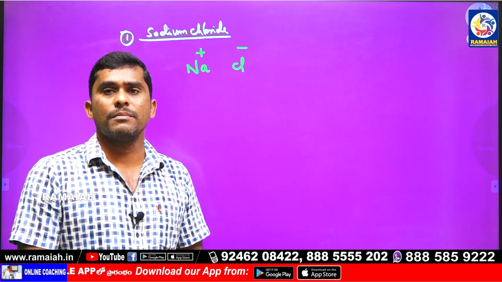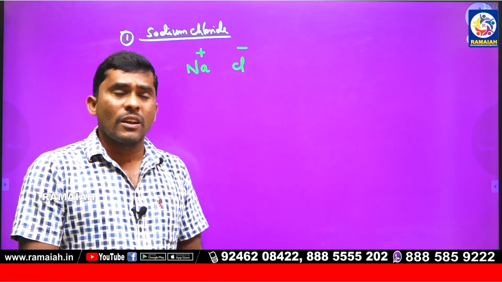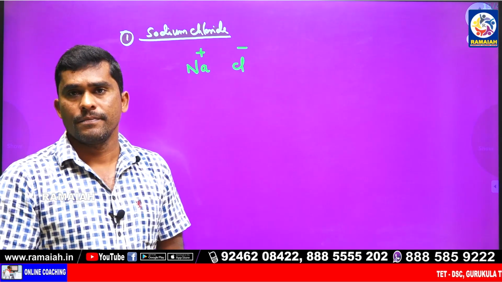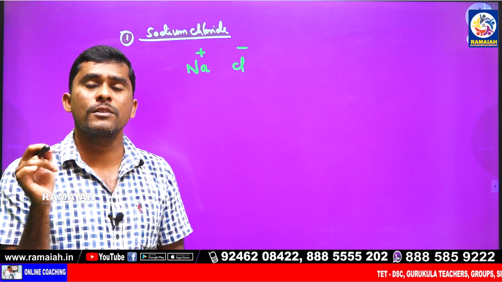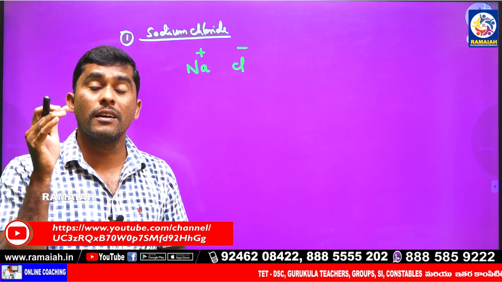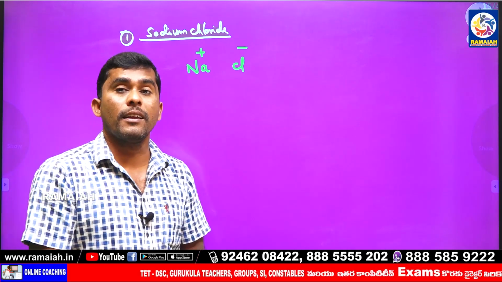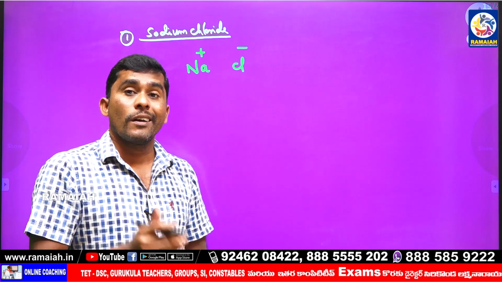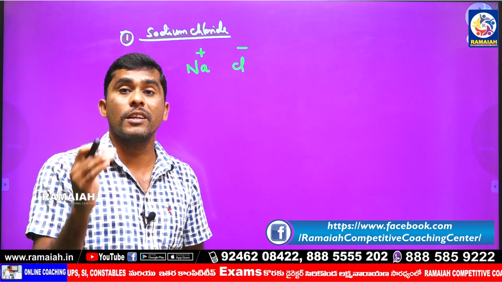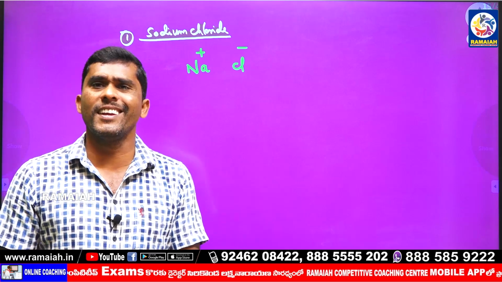In the third step, we see whether the charges are equal or not. In the first step, we write the symbols of the elements. Next, we write the charges of the ions. And finally, we see whether the charges are equal. Here +1, here -1.